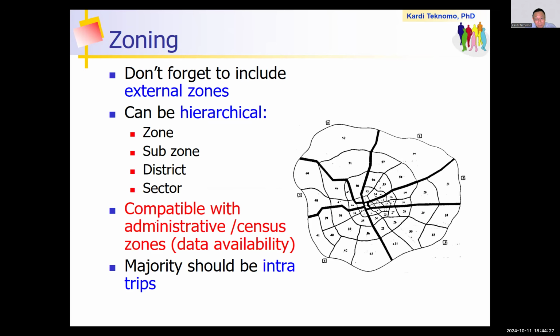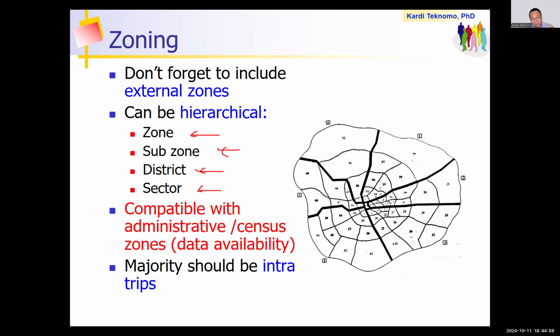And then you can also create a hierarchy of zones. So this is an example. You can create the zone, and then you can create subzones, and then you can put them into some district, and then into some sector if you want. Usually the zones are based on the data that you have. For example, each district, or in the Philippines you have barangay.